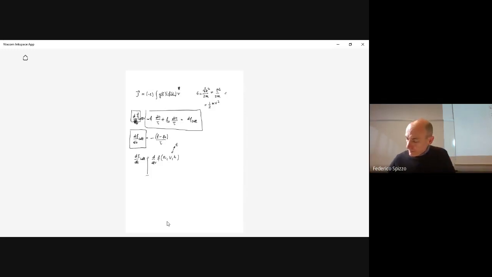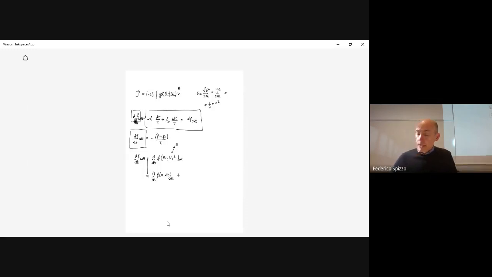So at this point, we may expand this variation, taking into consideration the three parameters. So the time dependence may be explicit through t. So we consider that by saying that I make the partial derivative of f with respect to t because I know that there is an explicit time dependence of the distribution function.